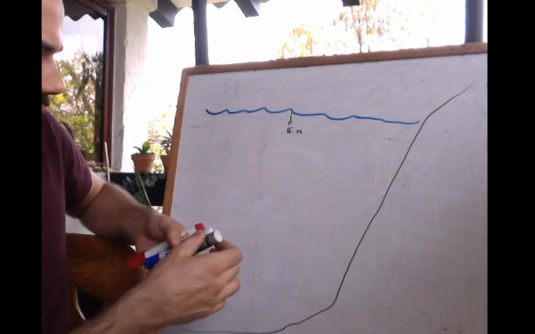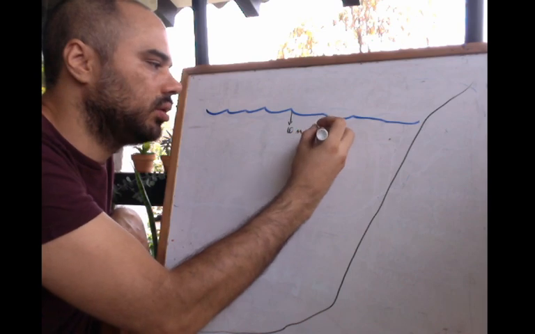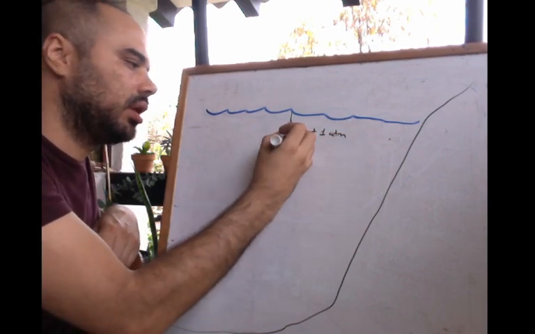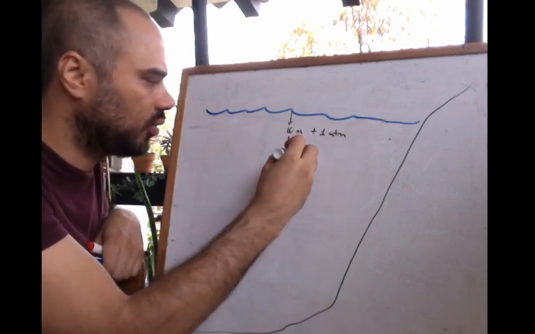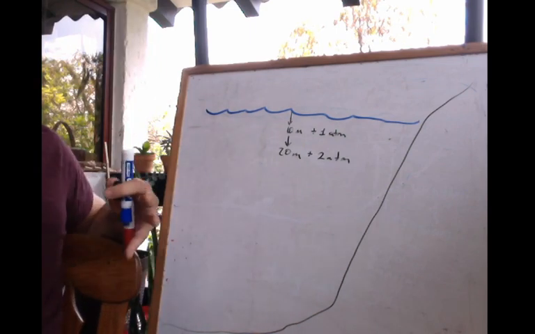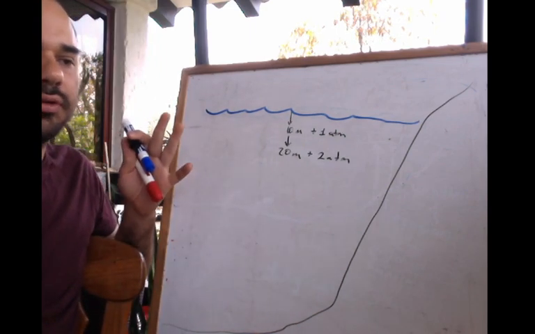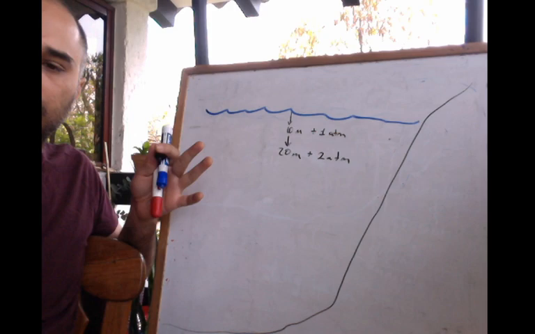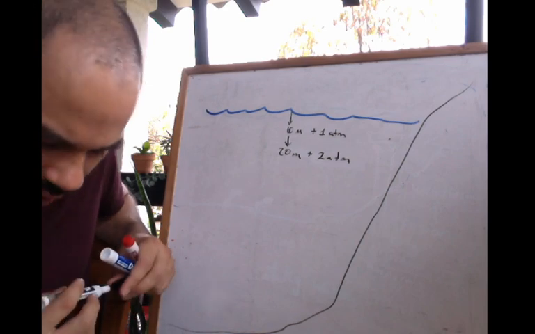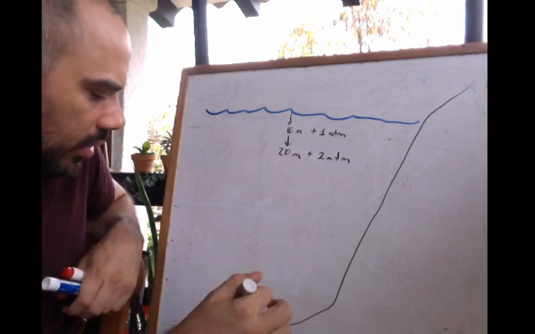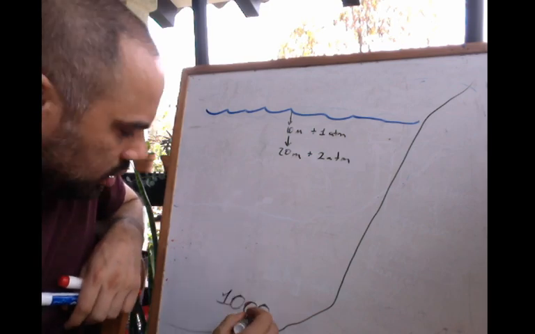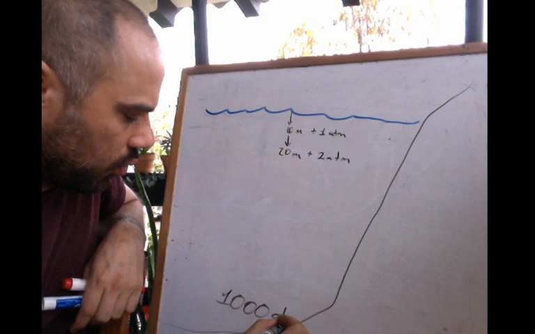So, every 10 meters, 1 more atmosphere of weight. Another 10 meters. So if we have 20 meters, then we have 2 atmospheres. What we feel right now is 1 atmosphere. It's not too much, right? But every 10 meters we get more and more, until, imagine, in the lowest places of the ocean, you get 1,000 atmospheres.